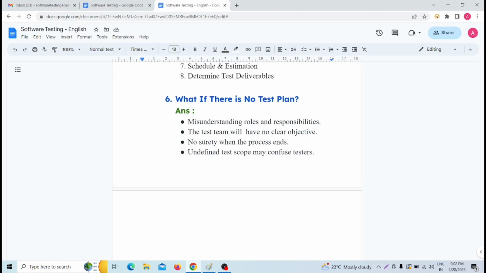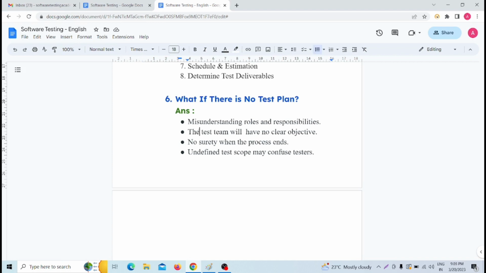So if we don't follow the test plan, then obviously there will be some misunderstanding of roles and responsibility: who will take the responsibility, and which roles are given by the team lead or the test lead. That is one point.